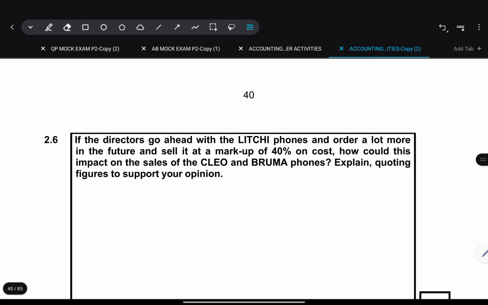Next one, they're saying if the directors go ahead with the lychee phones and order a lot more in the future and sell it at a markup of 50% on cost, how could this impact on the sales of Clio and Bruma? Explain by quoting figures to support your answer.